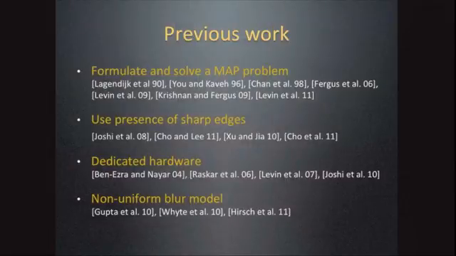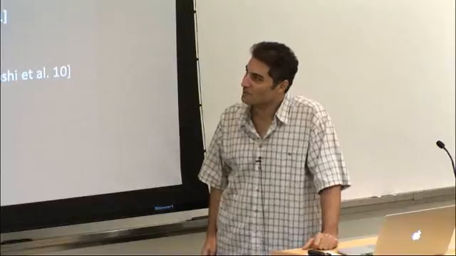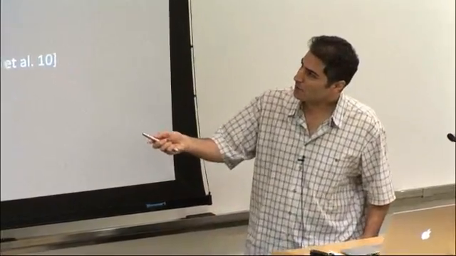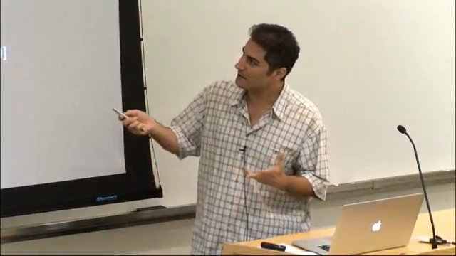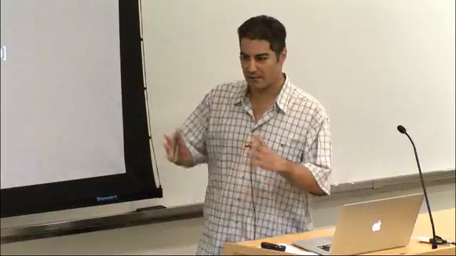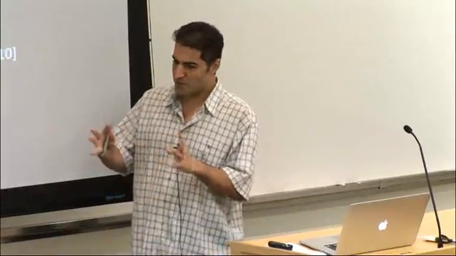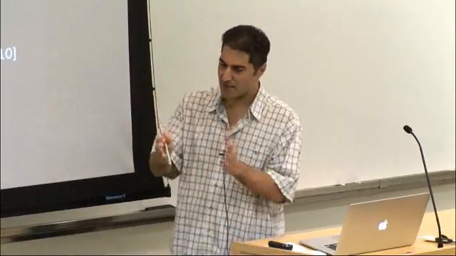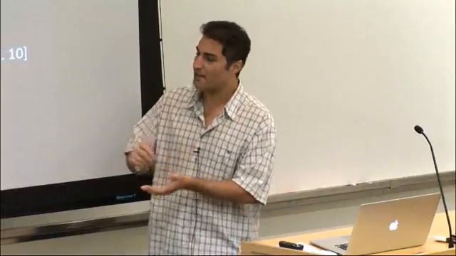So image deblurring, I think it's one of the most researched problems in image processing. There has been tons of work. I think the most dominant approach is the MAP approach, where the formation model of the blurry image is transformed using Bayes' law into the physical model times some prior model over the latent sharp image and the blur kernel.